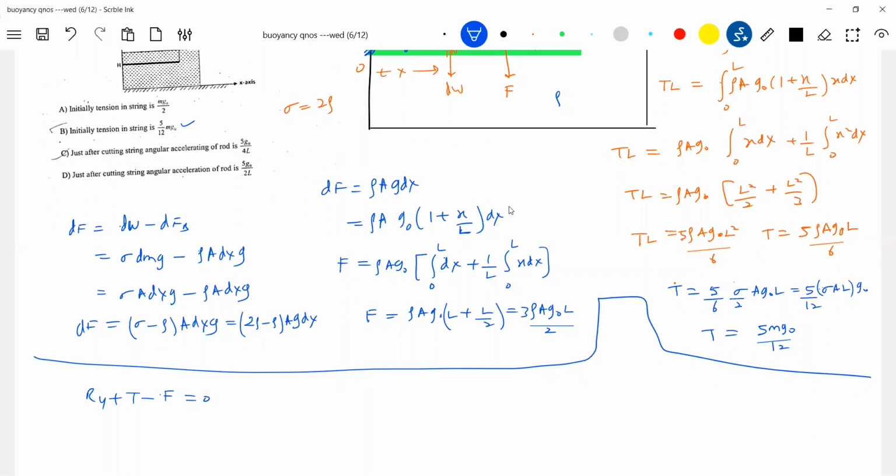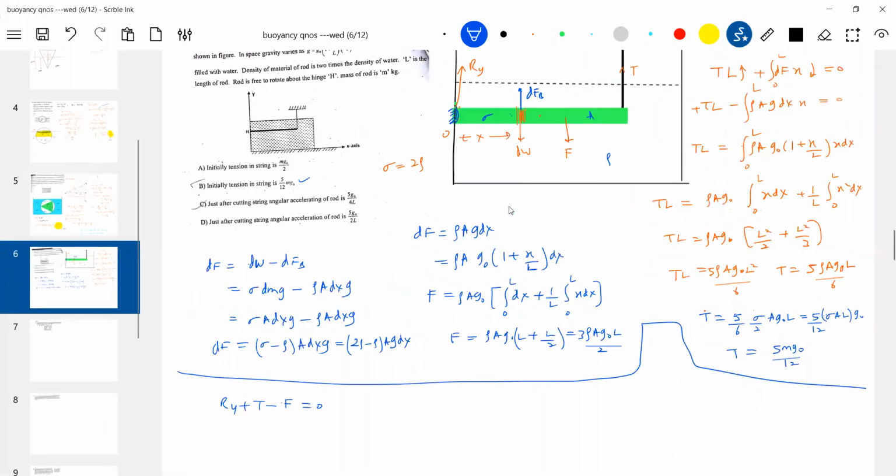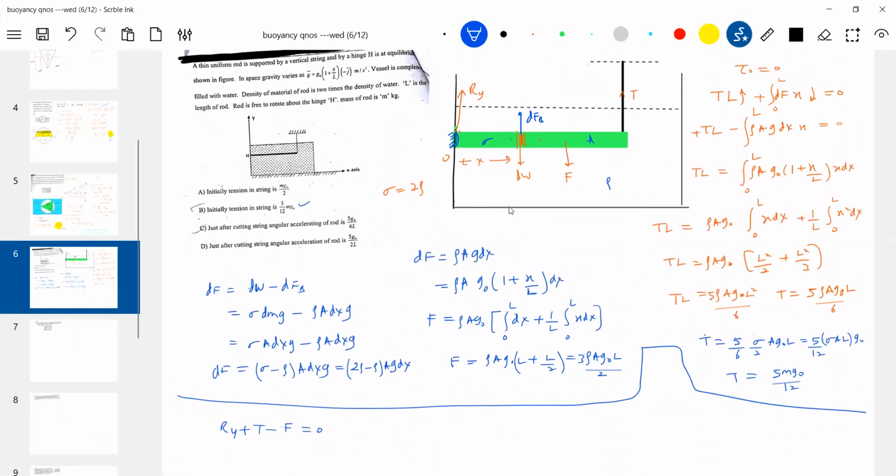I'll make it small. I think everything is visible, see it carefully. So what is Ry? Ry will be the reaction at the hinge. After this, just after cutting the string, the angular acceleration of the rod, how to bring this?